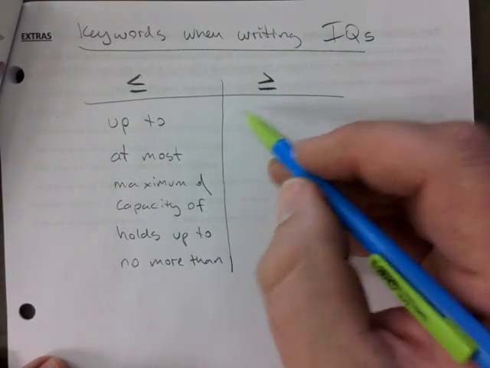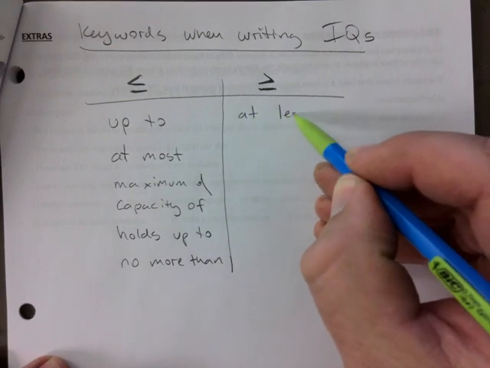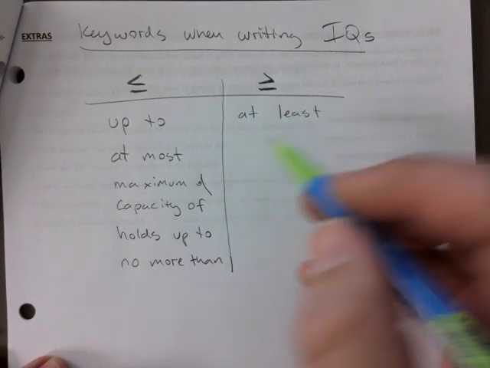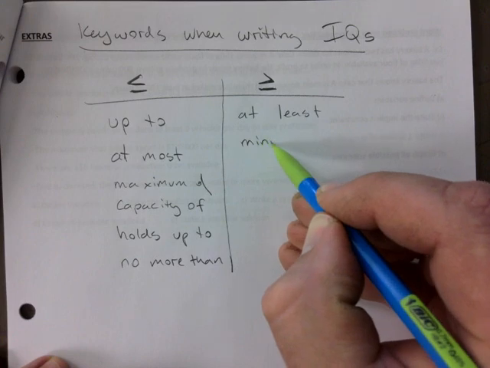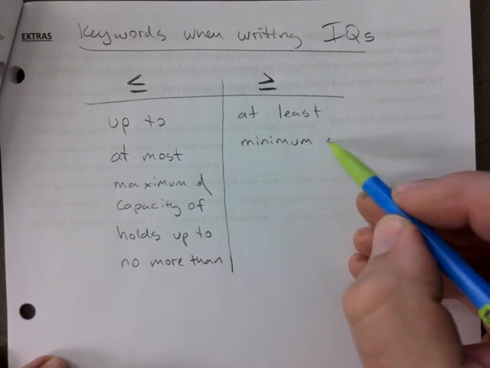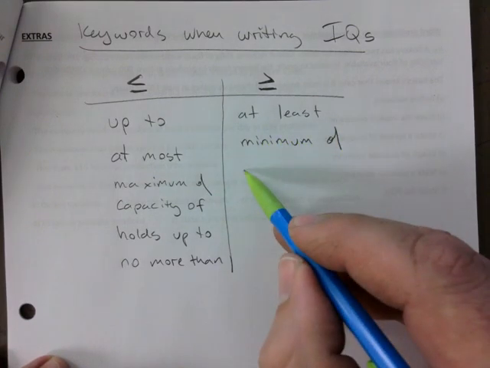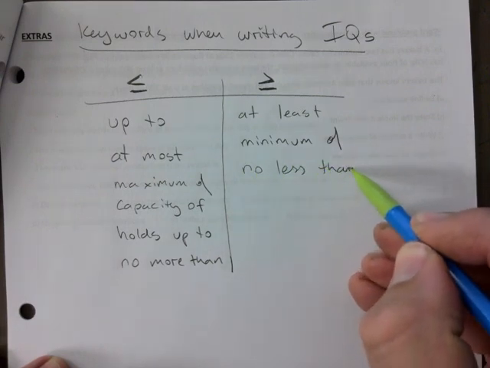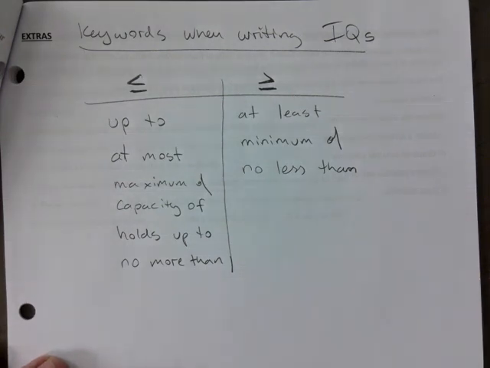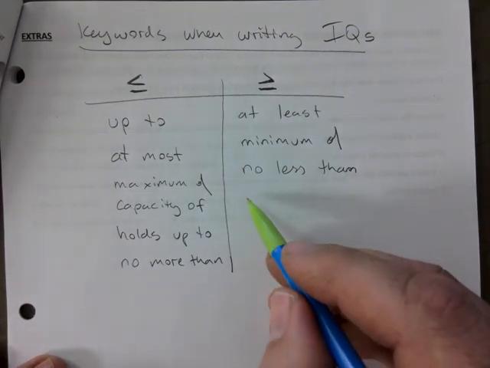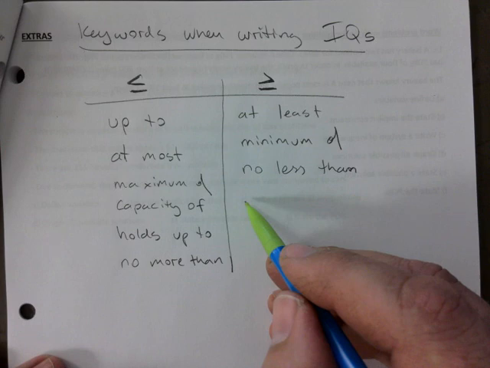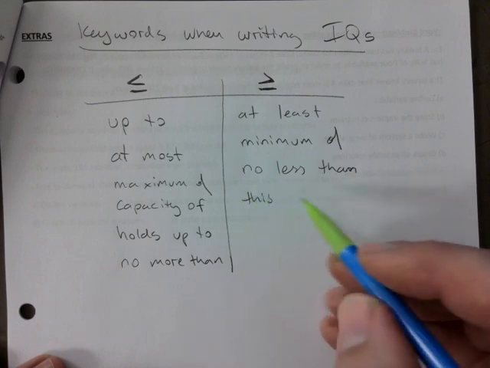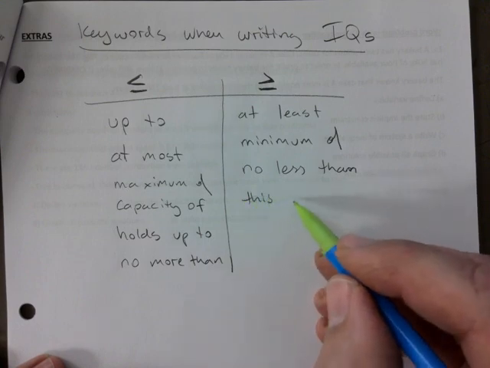And then if you want this one, you're looking for at least, minimum of, no less than, and this or more.